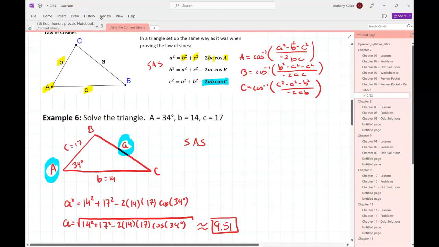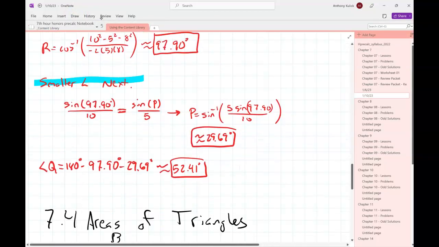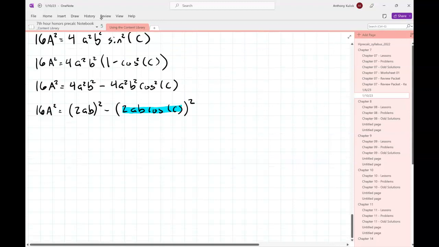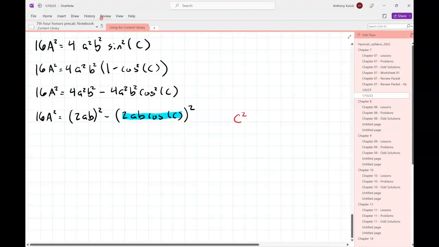So what I'm going to do is use the law of cosines to make a substitution.